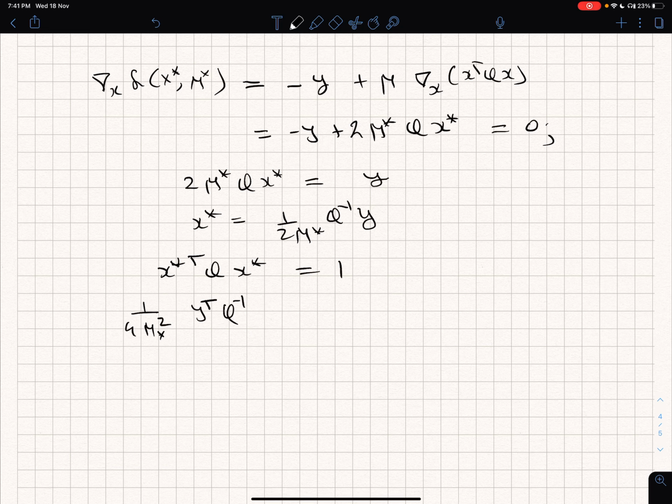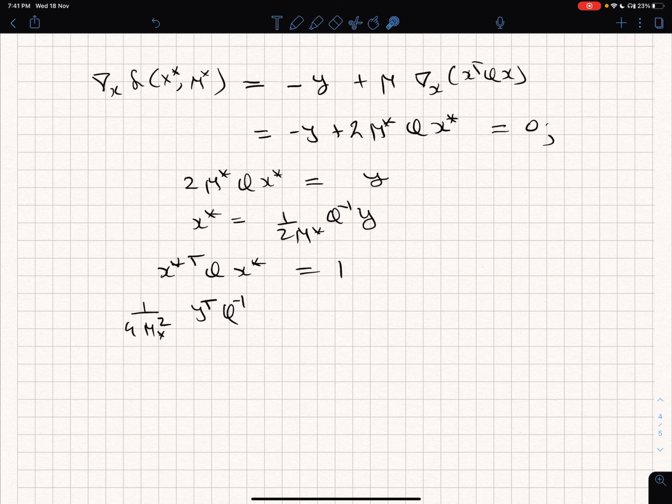The 1 by 2 mu star is coming from here, and another 1 by 2 mu star is coming from here, and they sit here as 4 mu star square.